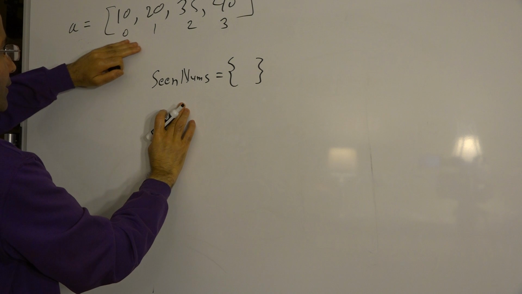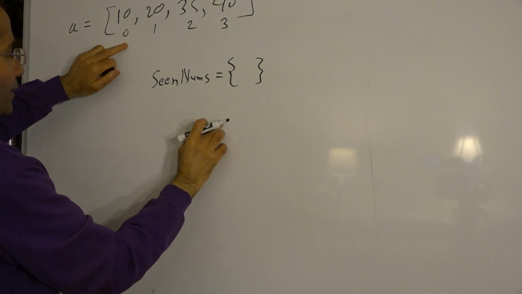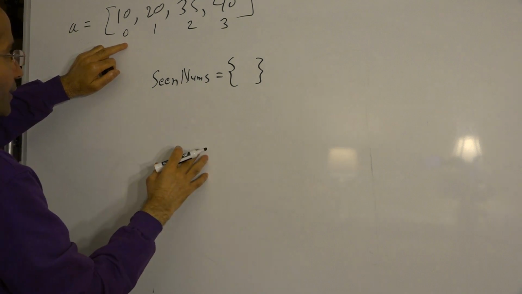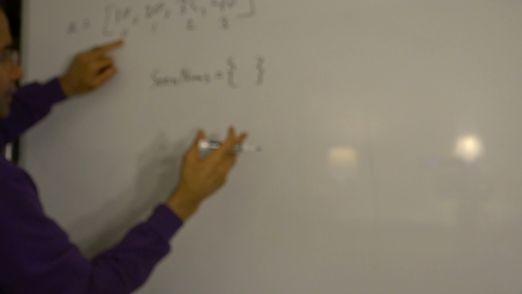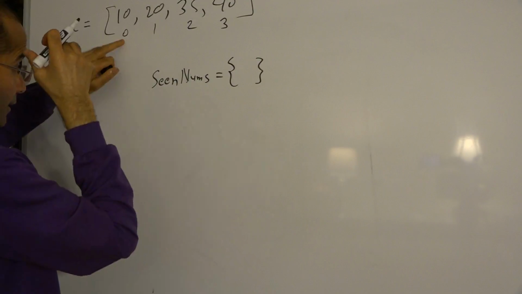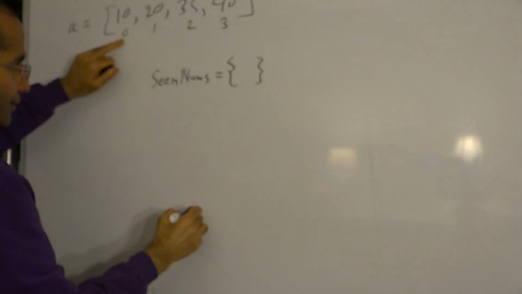So now if we start doing the traversal, let's say I'm seeing the first number. Now I need to have a logic. What do I do with this number? When I see the first number, there is no other number. So maybe I just store it in the seen numbers, right? Somewhere I need to store it.